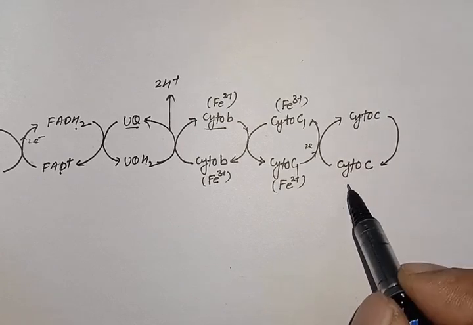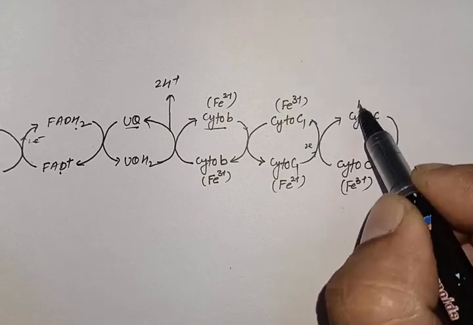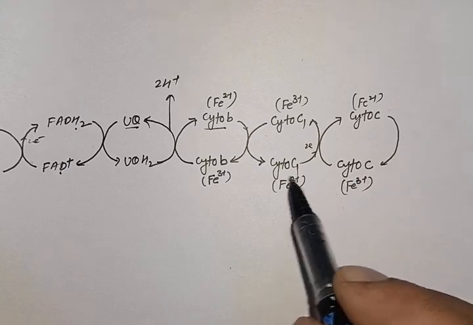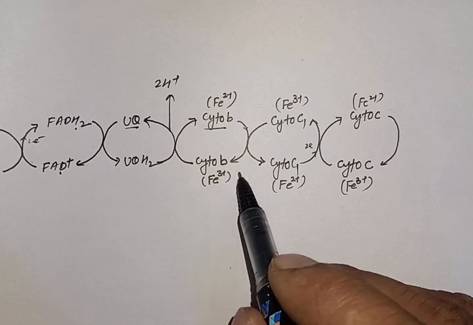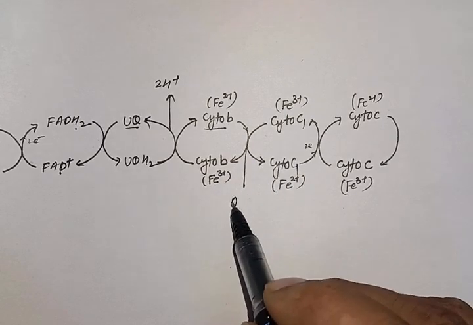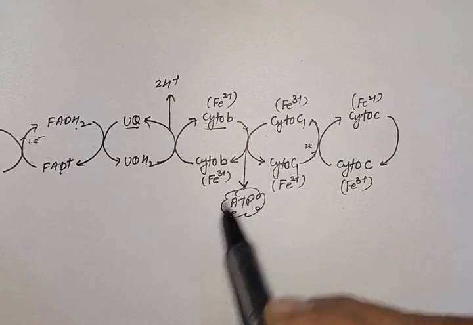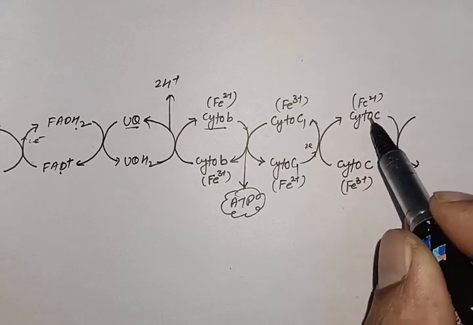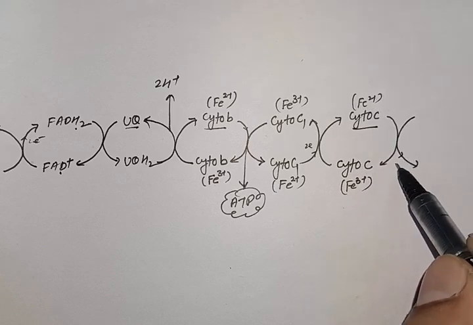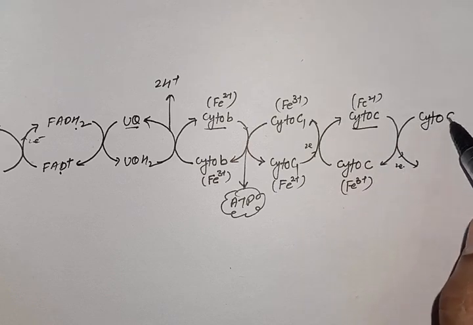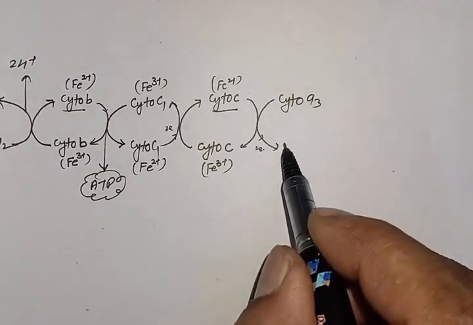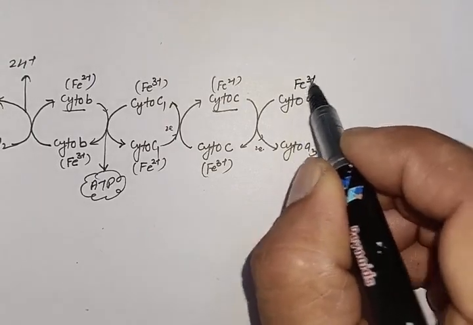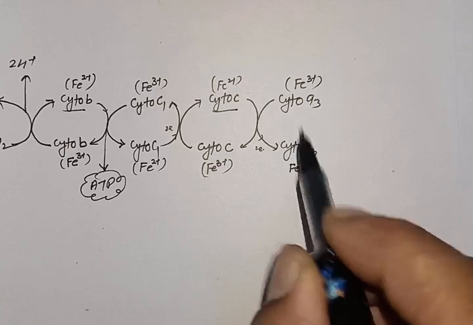This Fe plus 3 was the oxidized form of cytochrome C1, and after accepting the two electrons from cytochrome B, it changes into the reduced form of cytochrome C1. Then cytochrome C1 again transfers two electrons to cytochrome C, and cytochrome C is then reduced from the plus 3 form to the plus 2 form. And during this step, when cytochrome B releases its electrons to cytochrome C1, another ATP molecule is also produced.